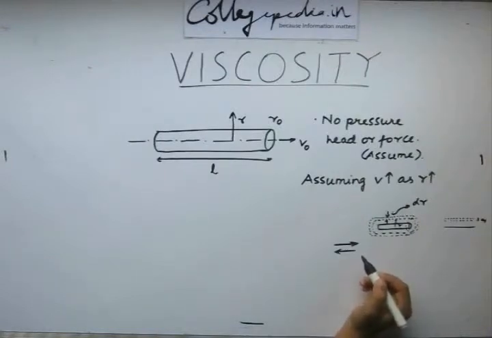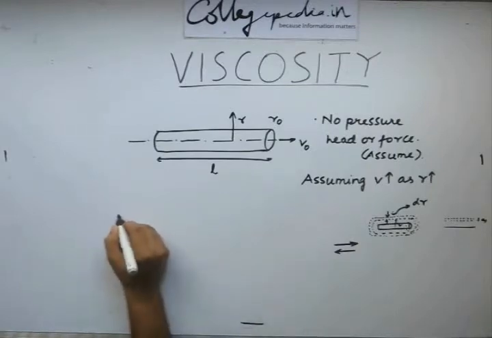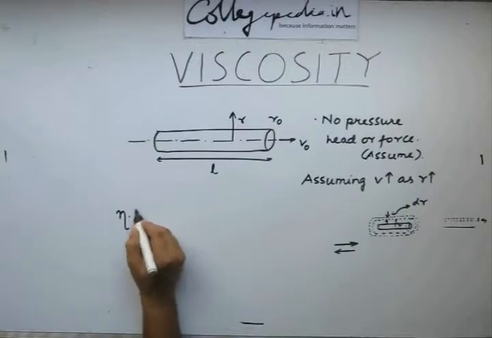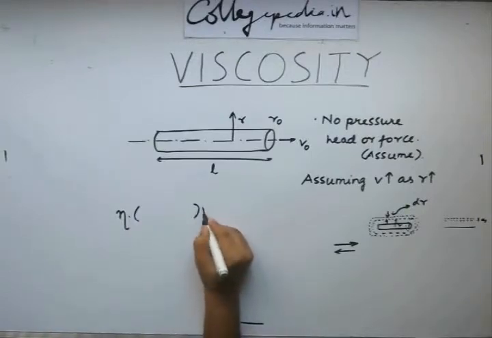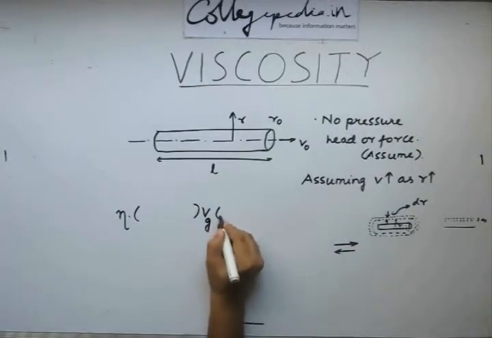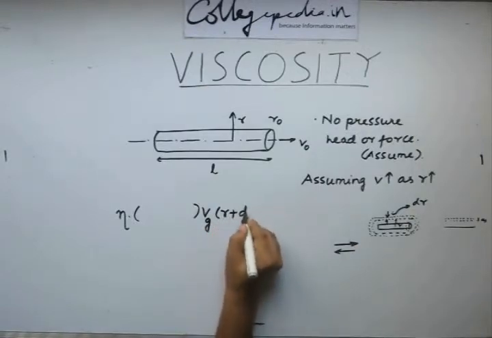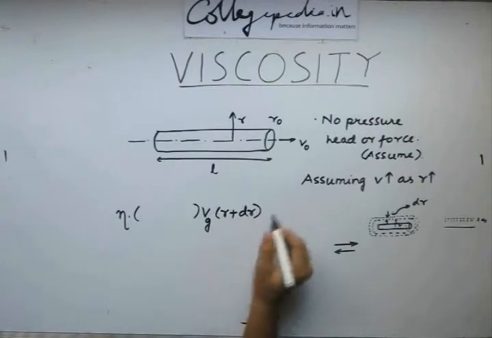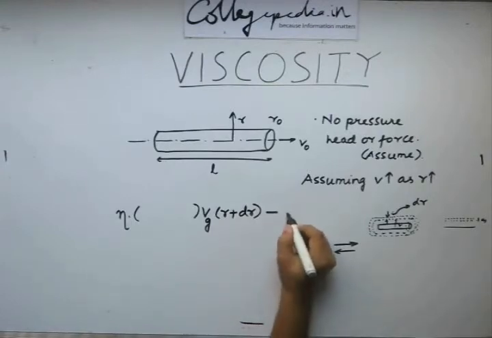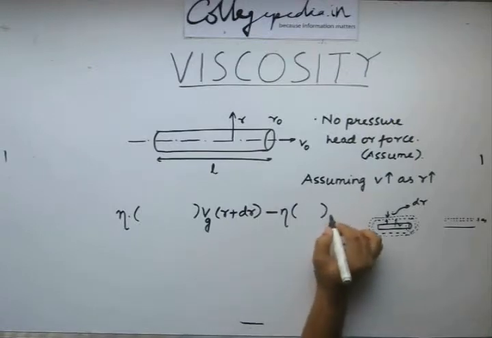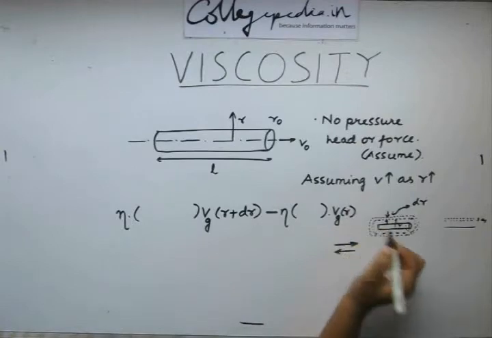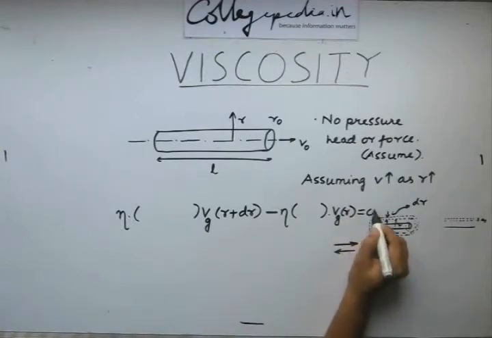If we have a force balance here, we can write eta times the area, we will mention this later, times the velocity gradient at r plus dr, minus eta times some other area times the velocity gradient at r. This must be equal to 0.